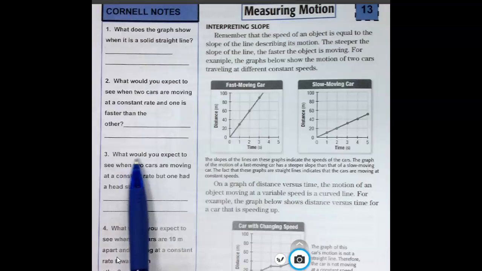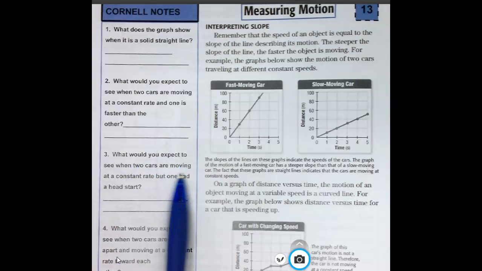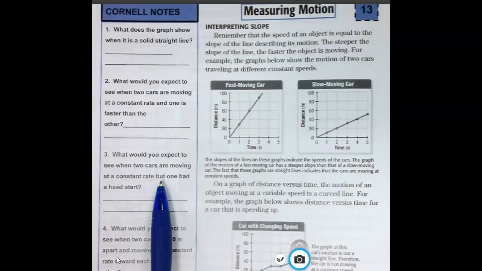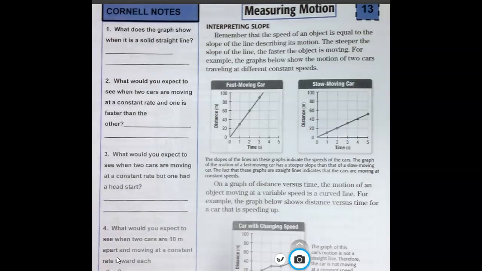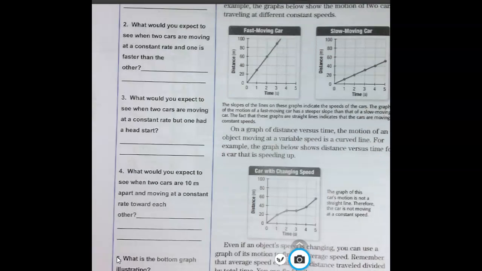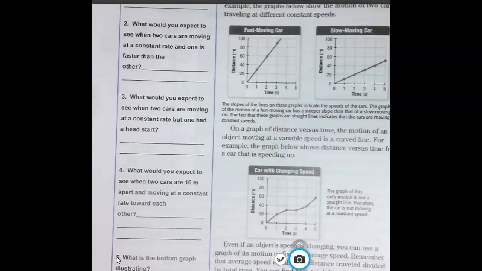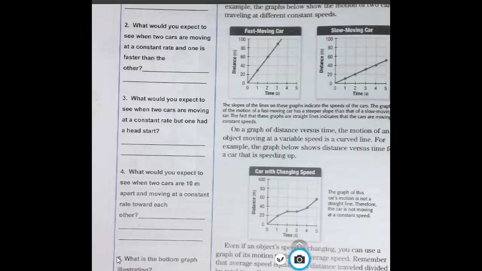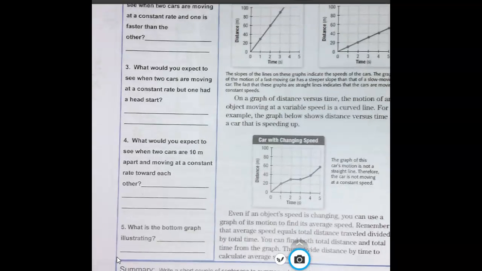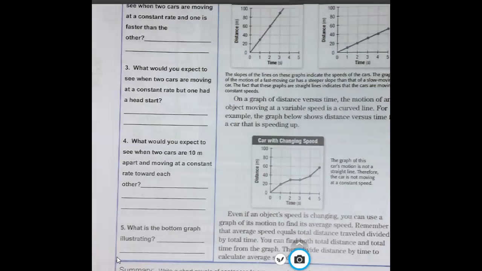The next one is, what would you expect to see when two cars are moving at a constant rate, but one has a head start? The next question, what would you expect to see when two cars are 10 centimeters apart and moving at a constant rate towards each other? And then the last one is, what is the bottom graph illustrating?